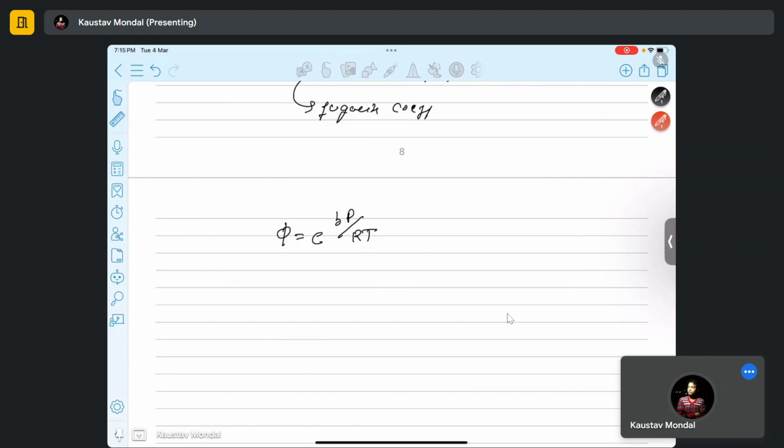So B is that volume correction term. P is the true pressure and T is the temperature.